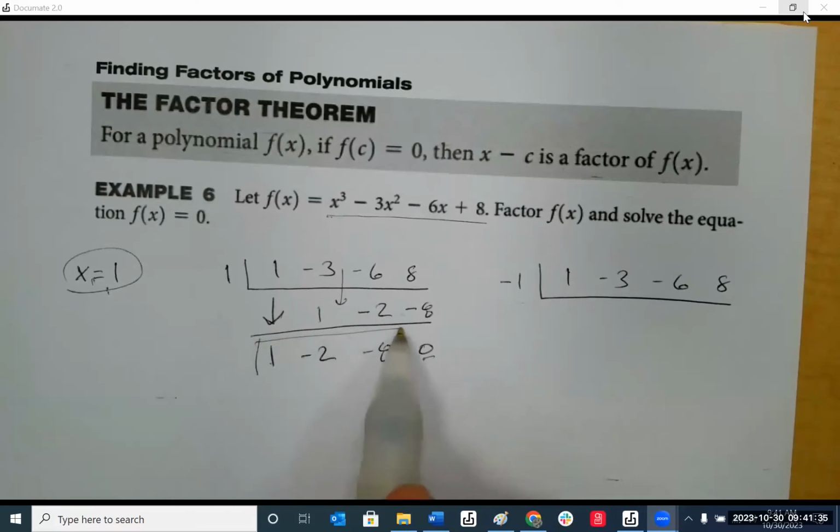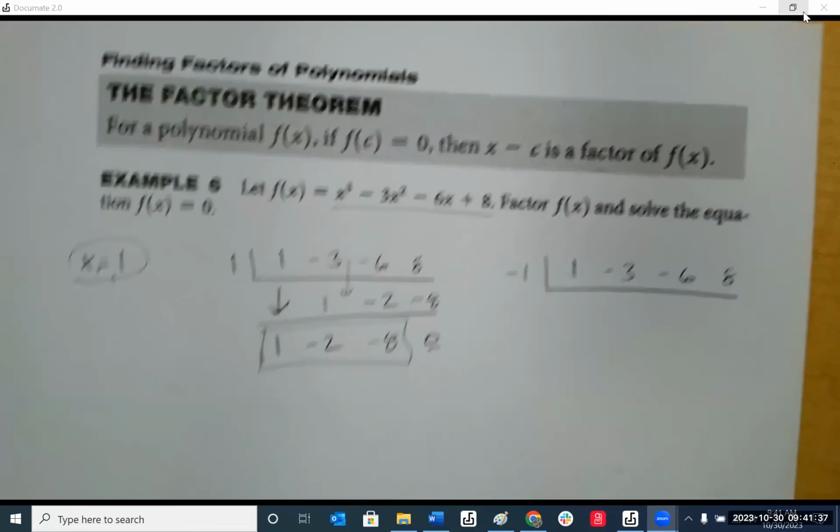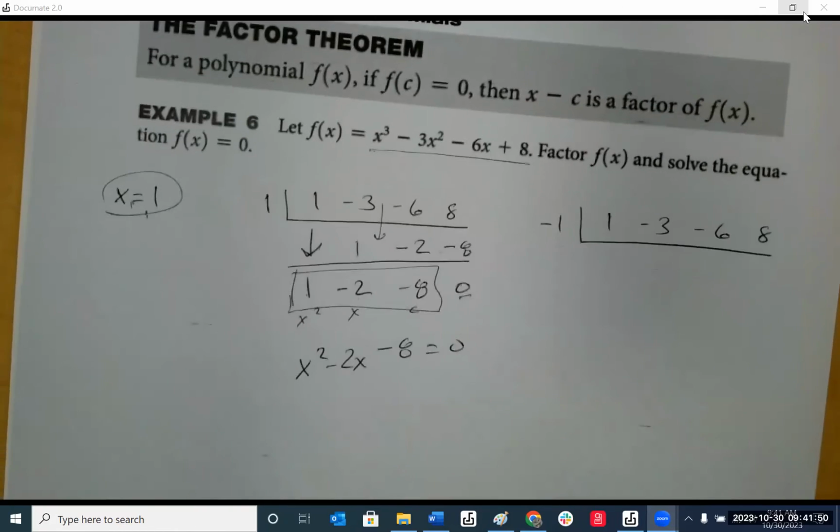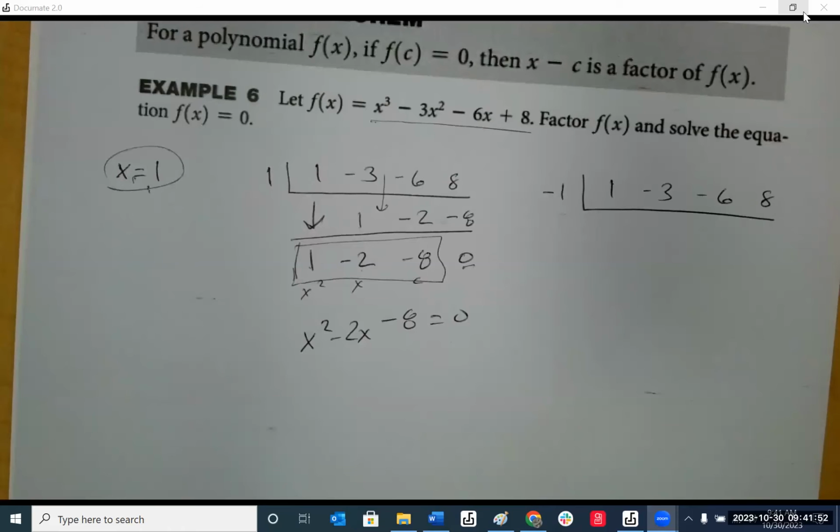Now all we have to do is look at this equation. Remember, that's the constant. This is the x squared. So it's x squared minus 2x minus 8. That's quadratic. The second sign's minus, so one's plus, one's negative.